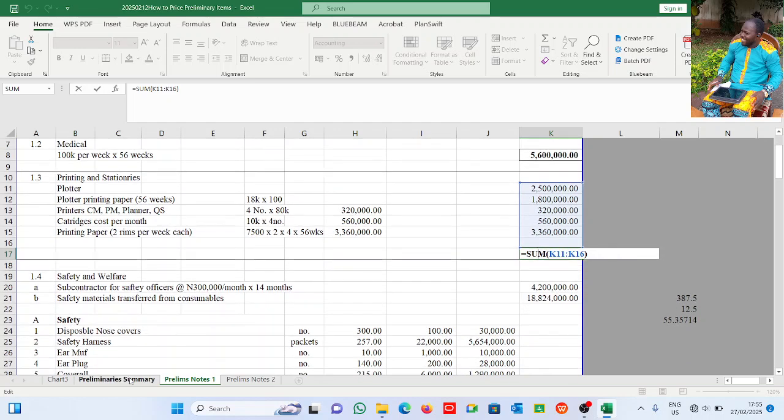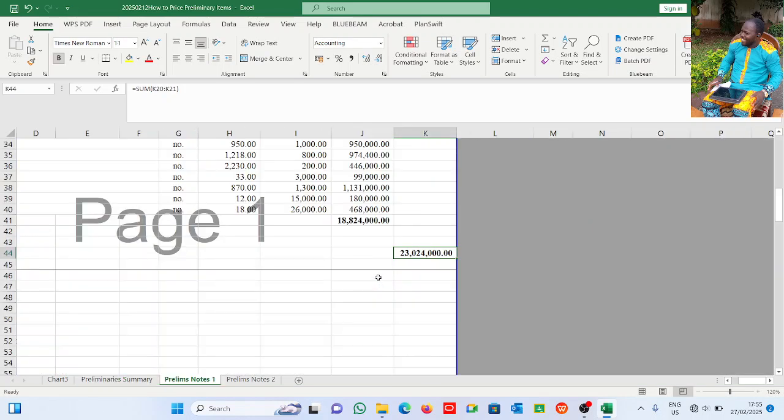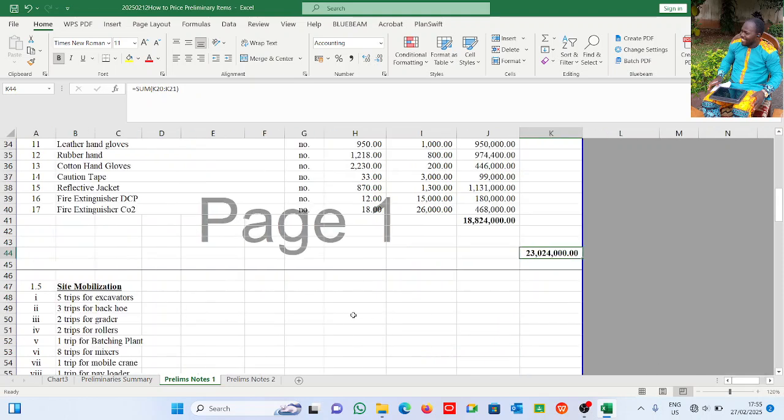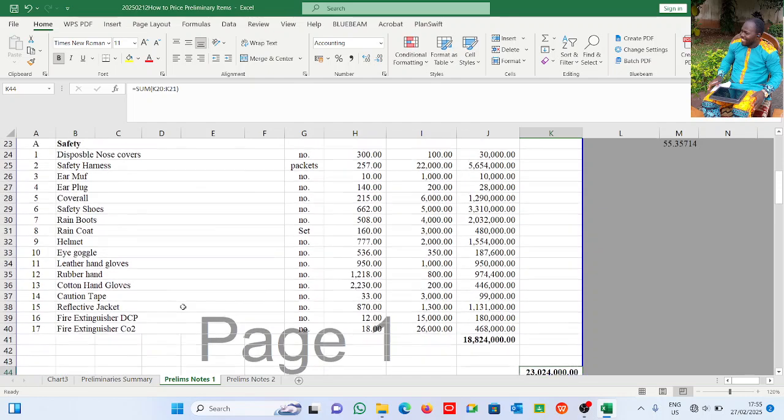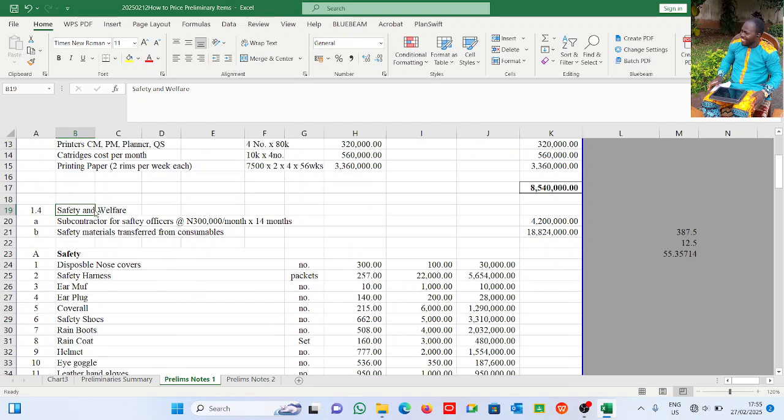All right, let's quickly go to our summary. Now here we have safety and welfare. All right, now some companies sublet the safety aspect of their work, depending on the magnitude.